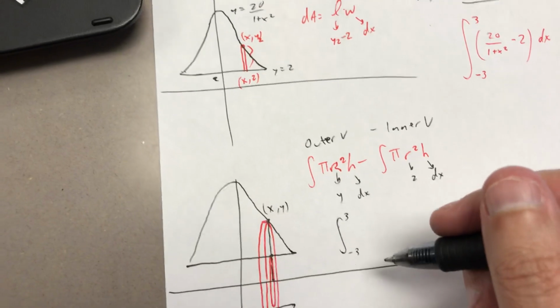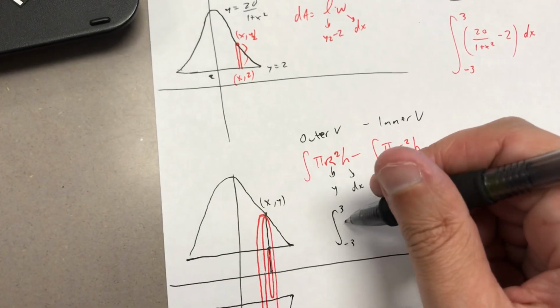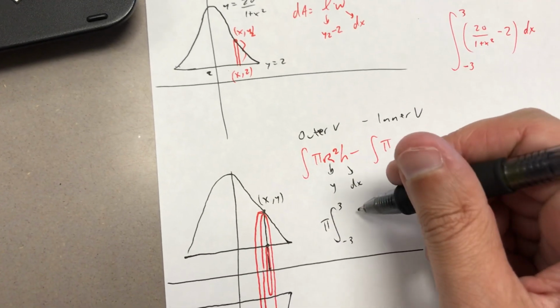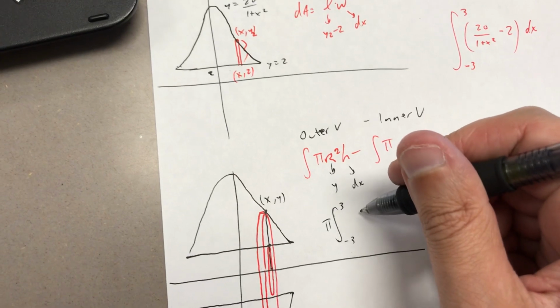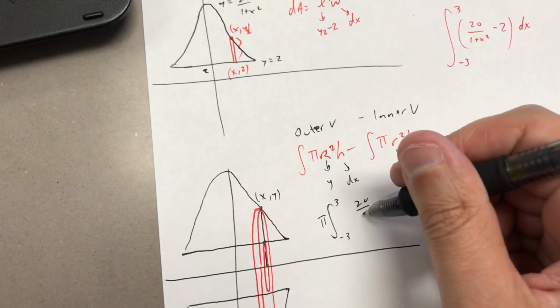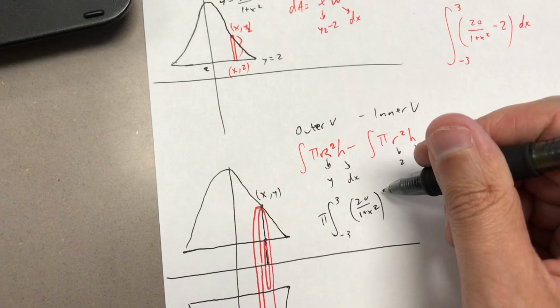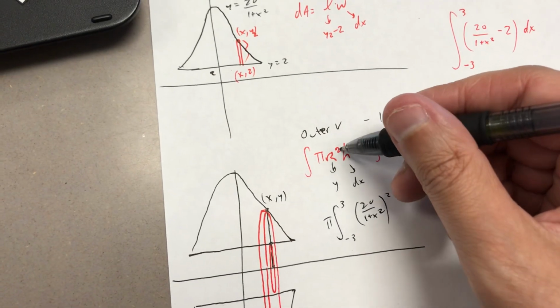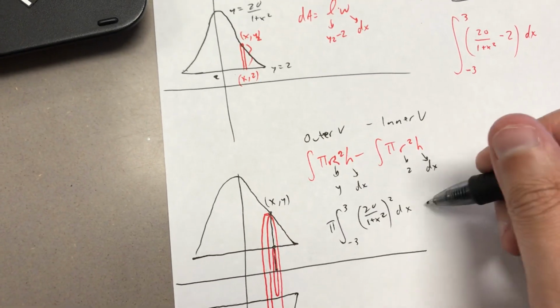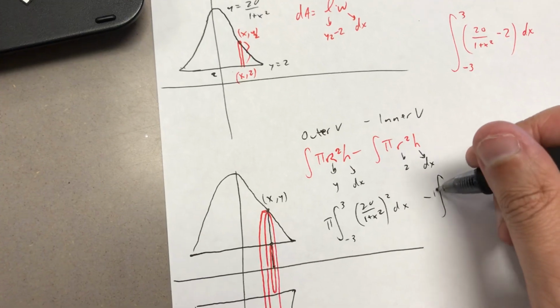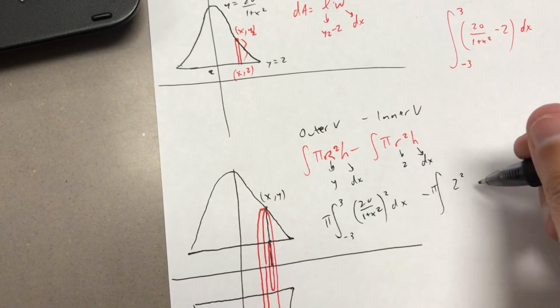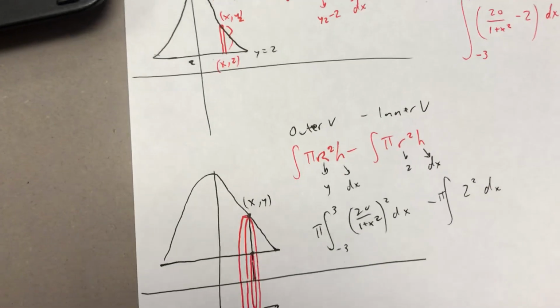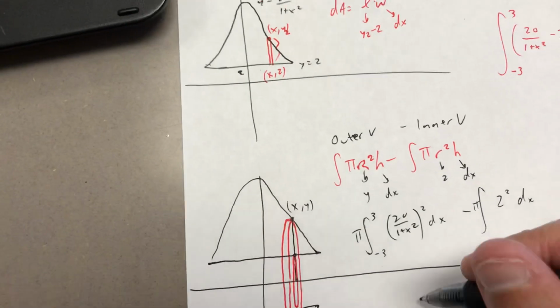This is all in terms of x, and we're going to have pi, which I'm going to factor out. We have our radius, which is our y equation, which is that 20 over 1 plus x squared equation. Now be careful, it's the radius squared times dx minus the integral. Again, I'll factor out the pi. You have 2 squared times dx, or 4 dx there. And you could make this into one integral if you wanted to.